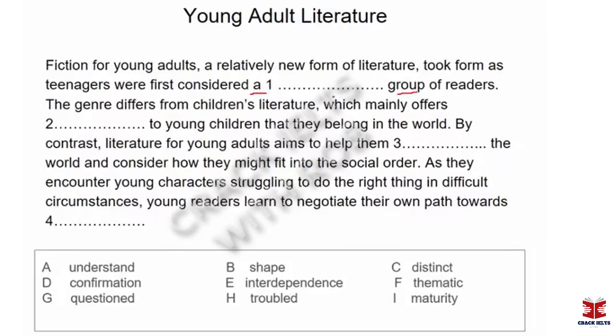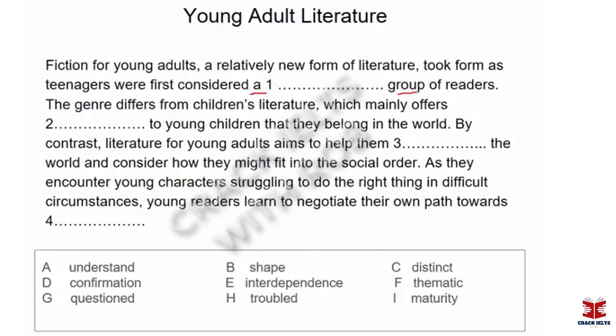So we could have a very good guess that the answer choice for number 1 would be an adjective, right? Because we need something to describe the kind of group that it was. Okay, so as you're looking down here in the box, I would search for adjectives first to see if they work well as an answer choice for number 1.